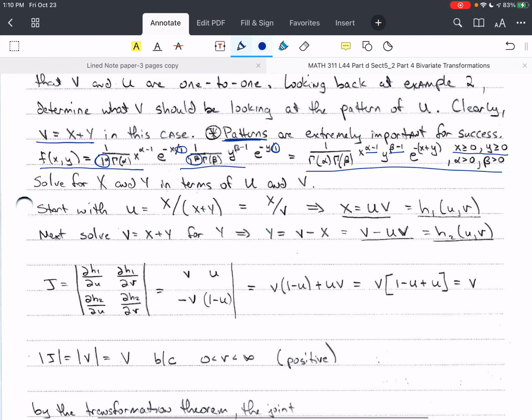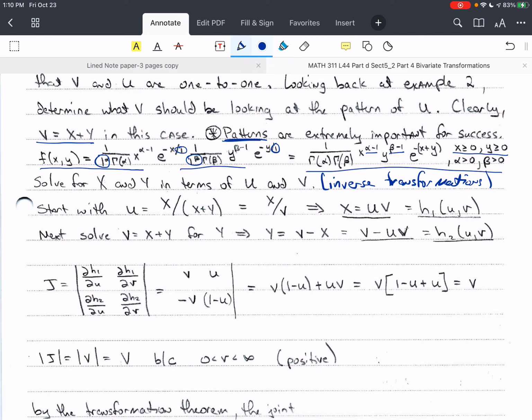Okay. We need to solve x and y in terms of u and v. So these are the inverse transformations. Okay. So we'll start with u this time, and we know that u equals x over x plus y, and we've defined x plus y as v, so we make that substitution.